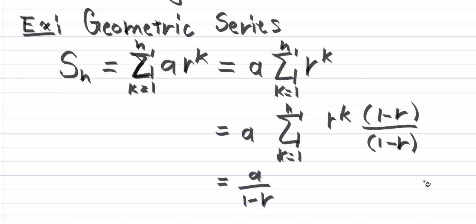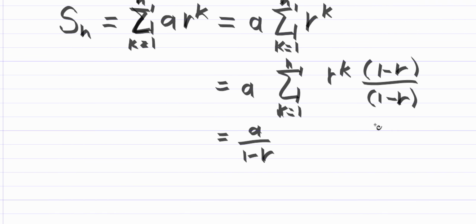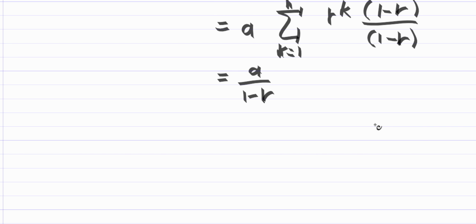But what happens inside this sum? Well, inside the sum, I'm going to have sum k equals 1 to n of r to the k minus r to the k plus 1.